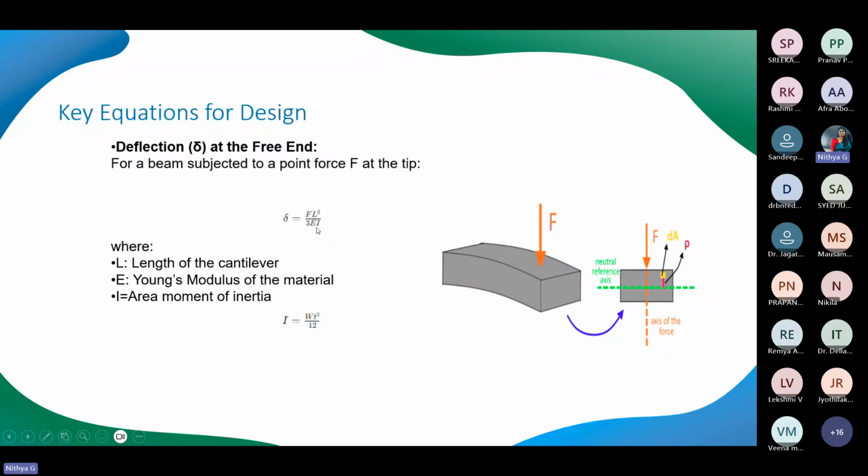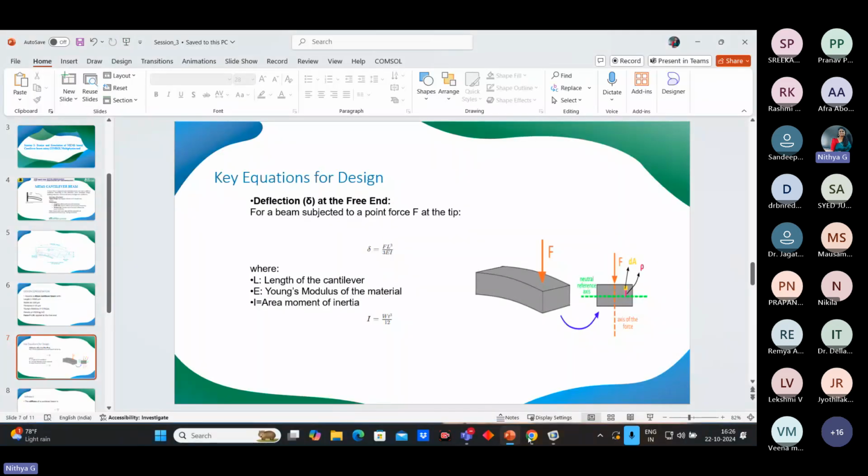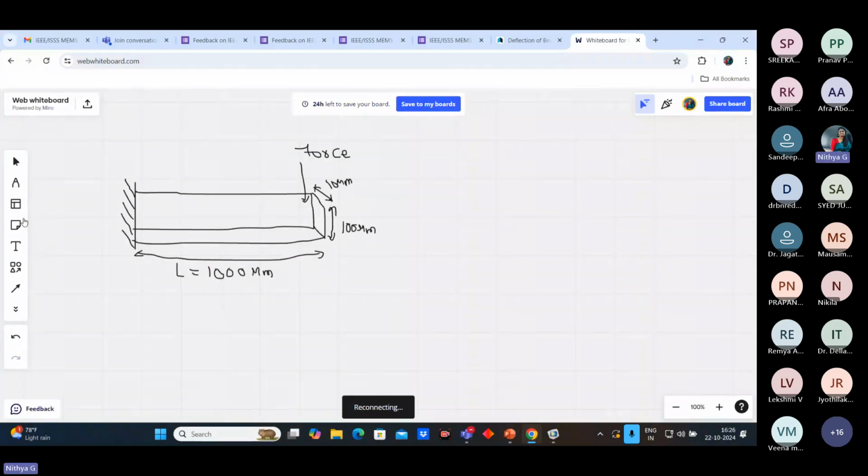And then I. What is I? We need to understand what is I. Okay, so I is the area moment of inertia. As I told, there is a neutral axis in your cantilever beam, which restricts the bending of the cantilever beam.